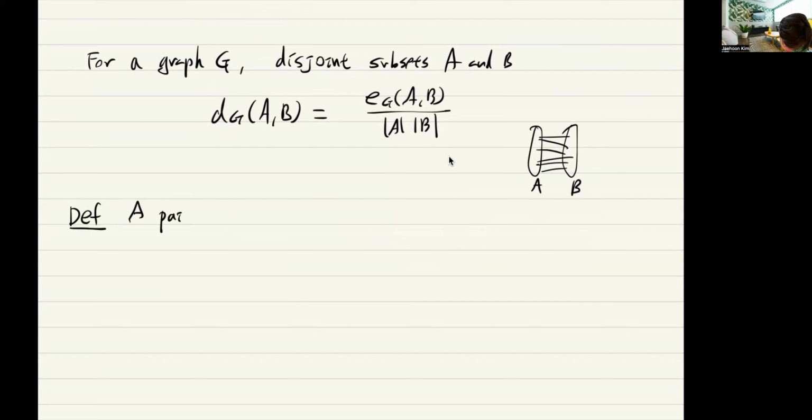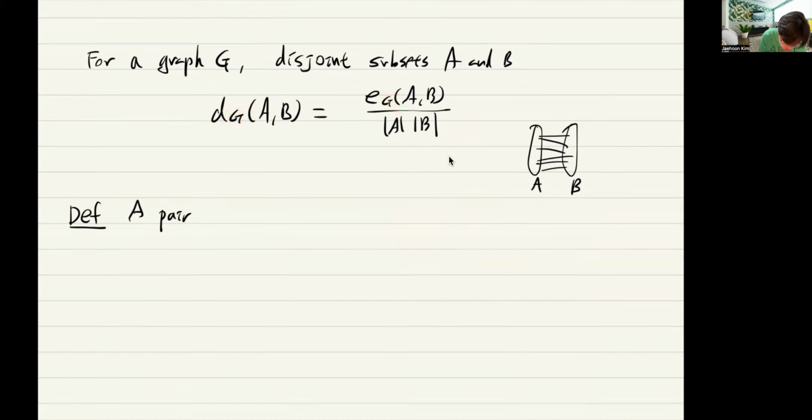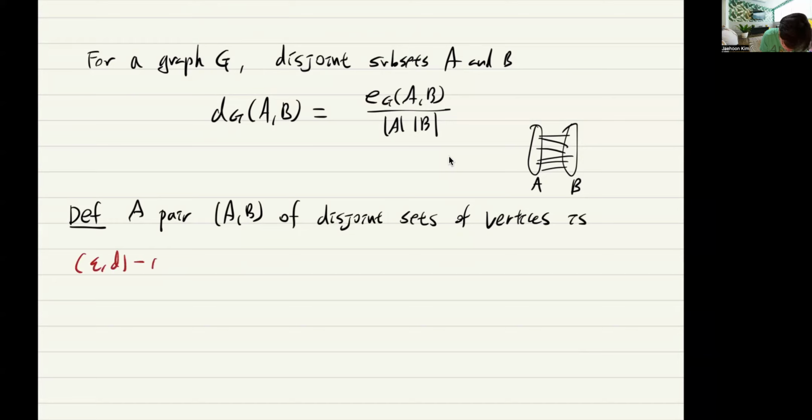And oftentimes, if it is clear, we don't write this G; we might omit this subscript. So we say a pair of disjoint sets of vertices is epsilon-d regular in a graph G if the following holds.